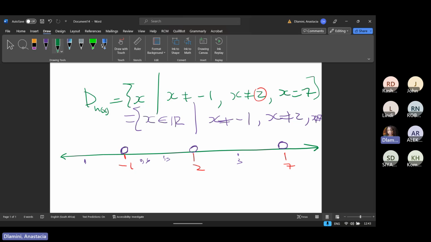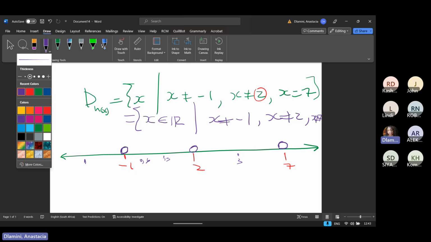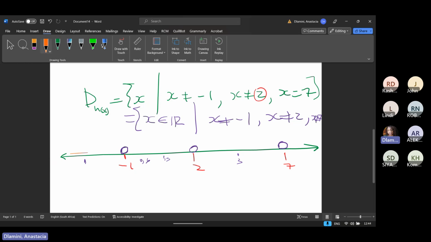So what you are saying is, when you're saying x is an element of any real number, let me choose orange, it means that x is somewhere here. Choose any number somewhere here, but not equal to -1. Where you get -1, you stop. You jump. From -1, you choose another number from between here, but it should not be 2.